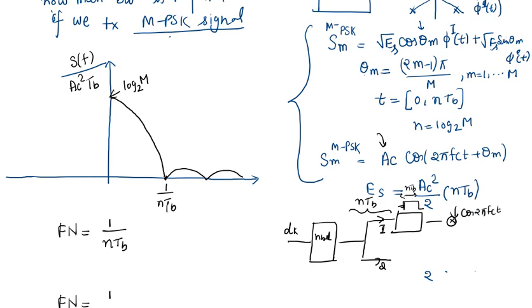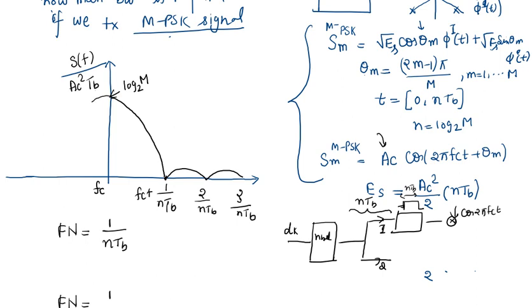Therefore, if we just transmit this signal, it will be centered around Fc, and the first null will lie at 1 upon the duration of this rectangular pulse, which will be 1 upon N Tb. The second null will lie at 2 upon N Tb, and the third will lie at 3 upon N Tb.